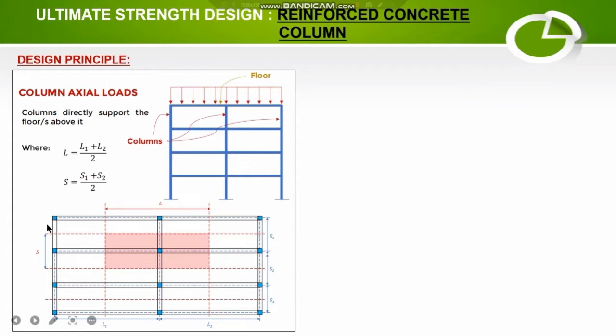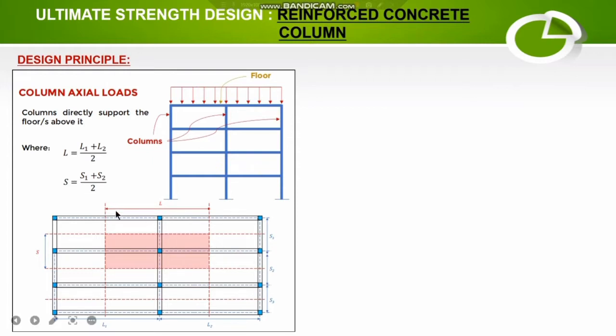In designing or in considering a structural frame, this one is an example of a frame. In designing, we will consider the most critical column. For the loads which will be carried by that most critical column, we will consider a tributary area. A tributary area is one half of the length of one side and one half the length of the other side.